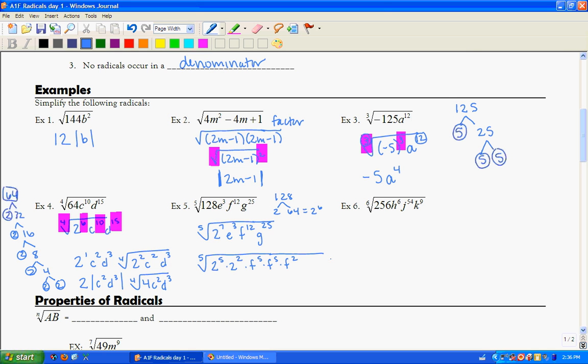That adds up to 12. For g to the 25th, we could do g to the 5th times g to the 5th times g to the 5th times g to the 5th times g to the 5th. So once you have it written out that way, it's a lot easier to see which ones match the index.